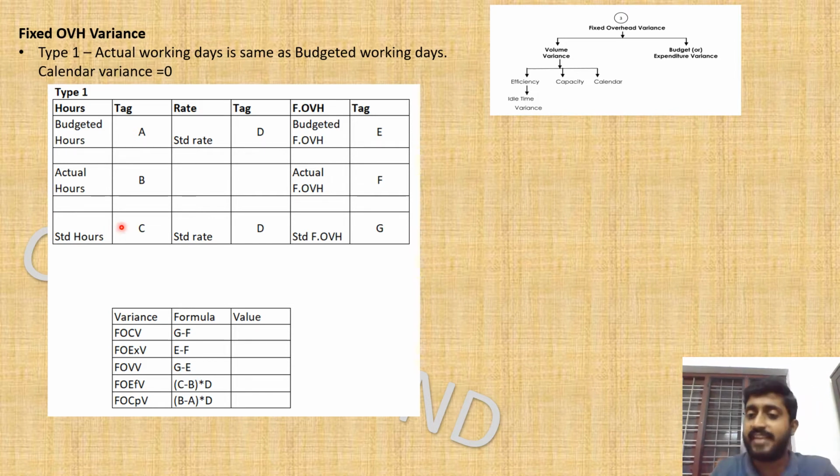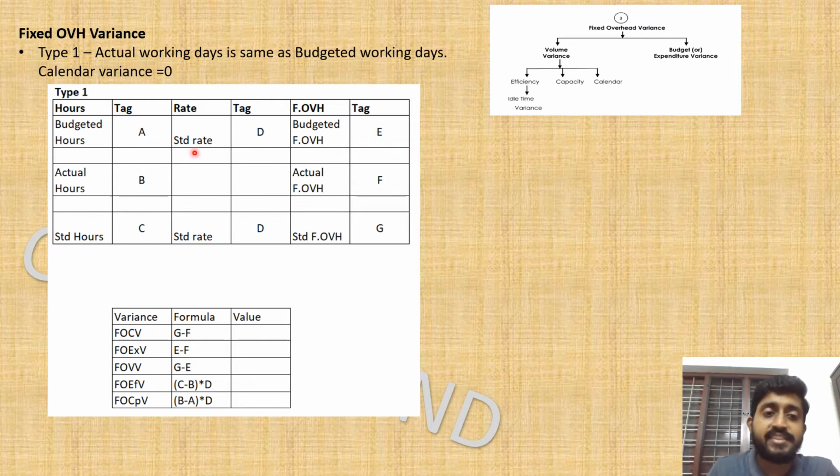That is called standard hour. So now you know budgeted hour, that is budget. Actual hour is actually what is incurred, but standard hour is, for the actual quantity or activity that has happened, as per budget or as per standard, what should have been the hour. That is the standard hour. So there is a minor difference between the standard hour and budget hour, which you should understand.